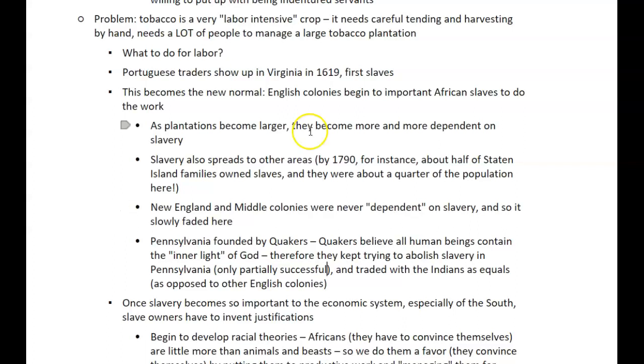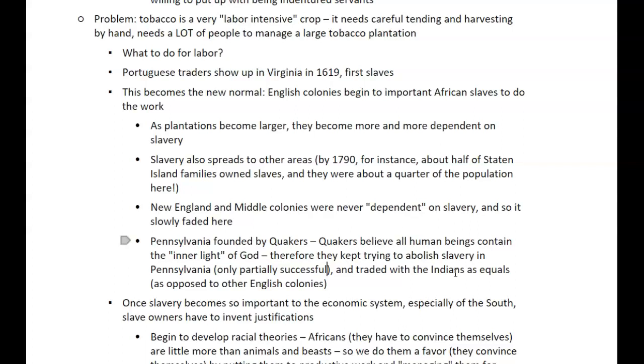New England and middle colonies were never dependent on slavery the way the southern colonies were, and over time slavery would eventually fade here. And in Pennsylvania, they kept trying to abolish it. The Quakers founded Pennsylvania, and you had a big Quaker population there. They believe, Quakers, that all human beings contain, quote, the inner light of God.